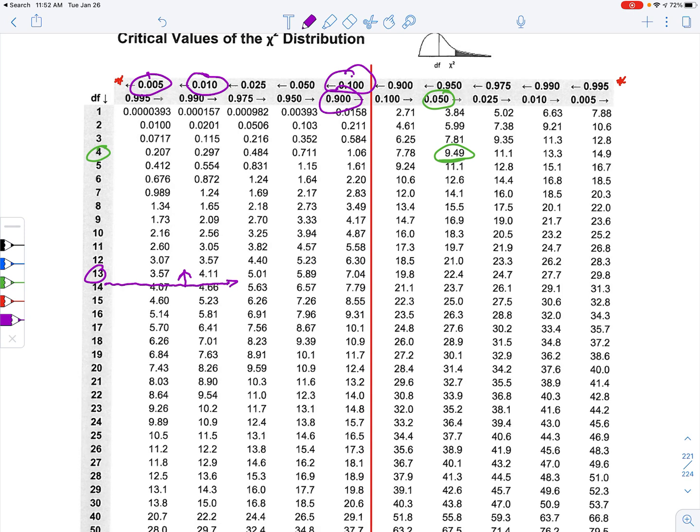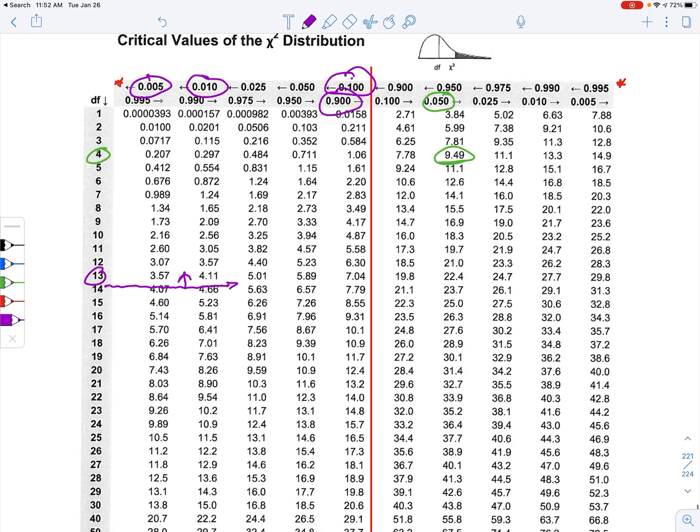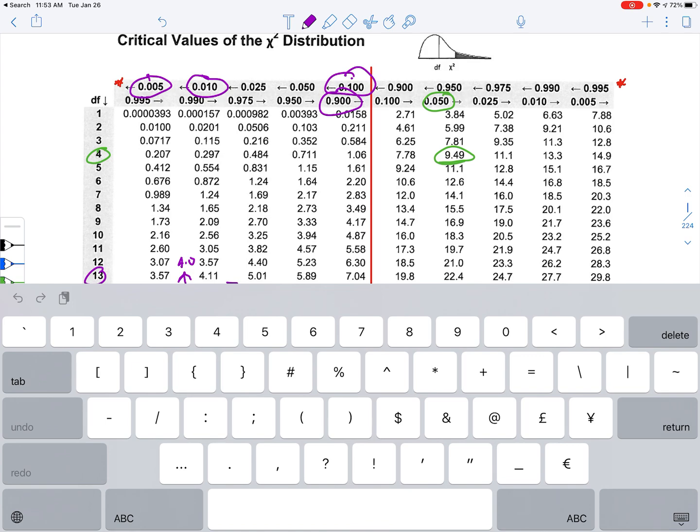Now, it's also equal to 99% and 99.5% to the right, but we'll just look at it in terms of 0.5% and 1% to the left. So it's just like reading a t-table in this way. 4.0 falls right between 3.57 and 4.11. I will go back there and see, that was 3.57 and 4.11.